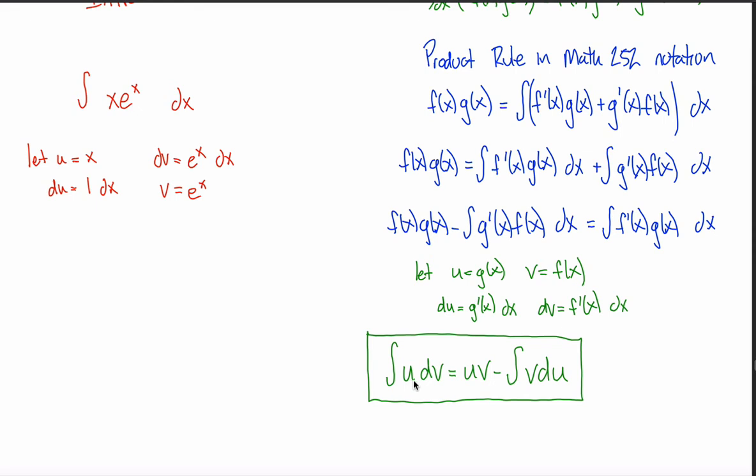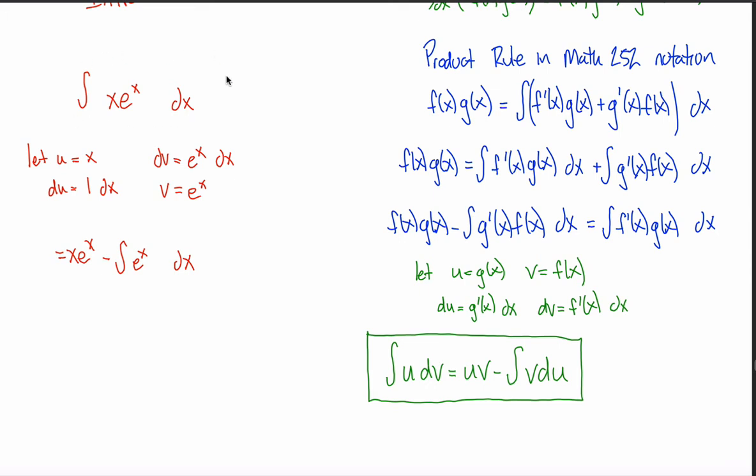The integral of u times dv, the integral of x times e to the x dx, is equal to u times v, x times e to the x, minus the integral of v du, the integral of v, which is e to the x, du, which is just 1 dx.